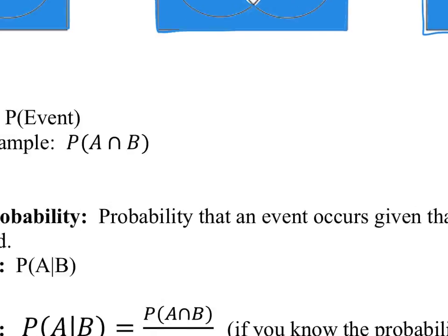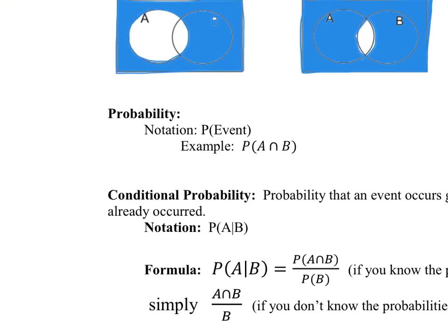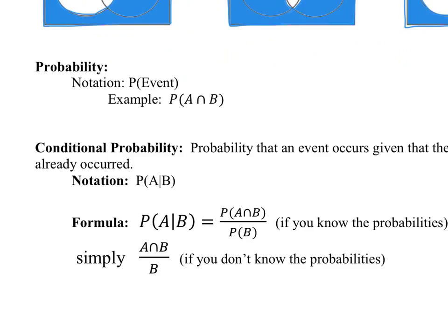All right. And then when we use these in probability, it's not just what's in the set, or can I color in a Venn diagram? When we put the little P in front of it, we always want the probability. So it would be how many values are in A intersection B over the total.